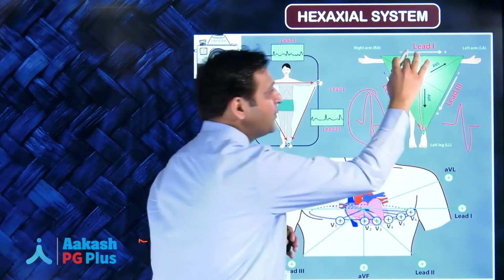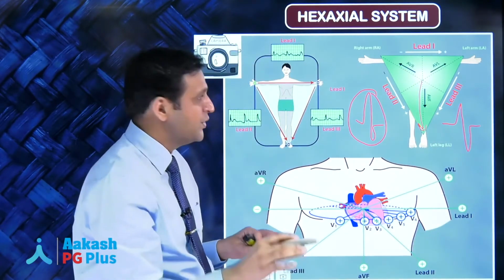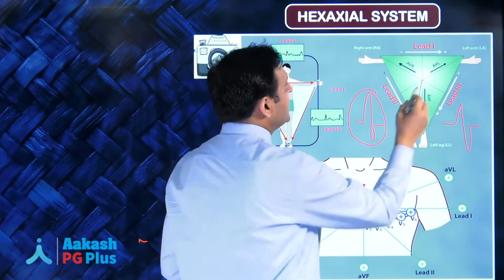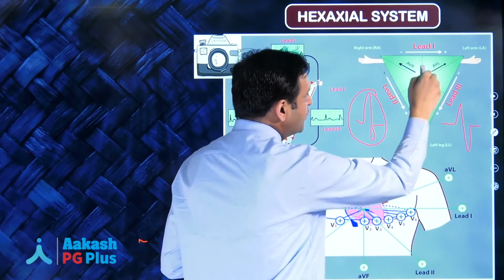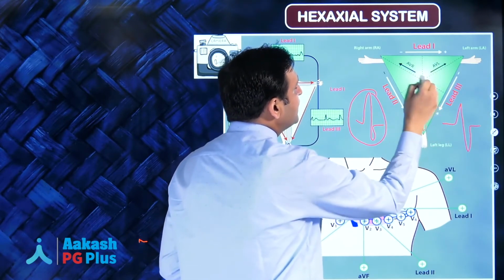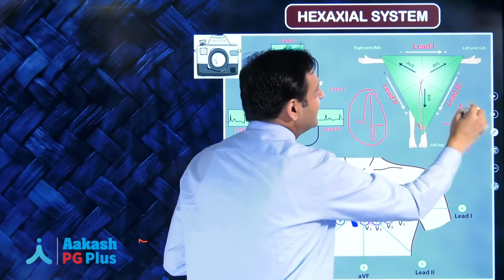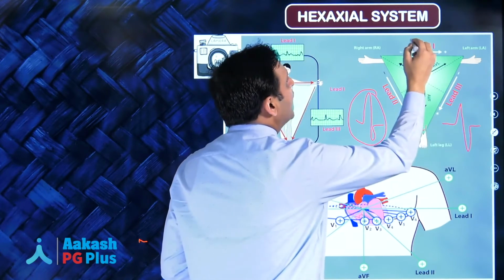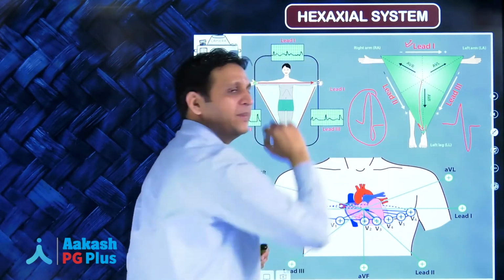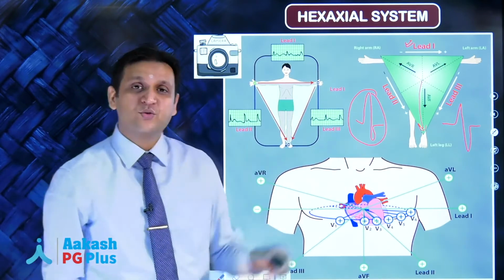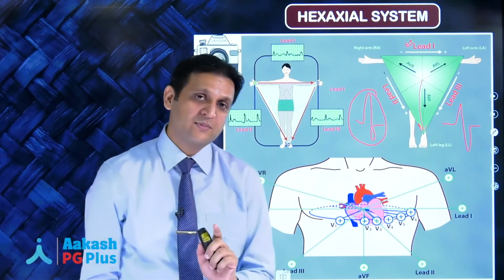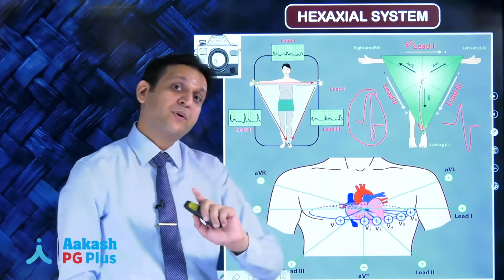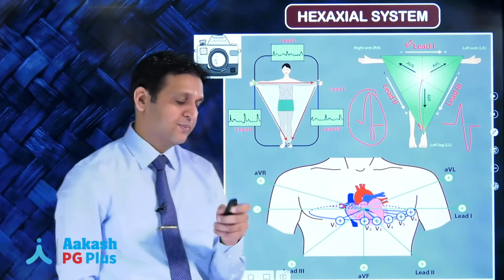So you have an equal positive and equal negative, which means that if a wave of depolarization is moving towards AVF, then it will produce a biphasic QRS complex in lead 1 because AVF is perpendicular to lead 1. Remember these 2 important concepts: moving along, maximum positive deflection, and perpendicular, biphasic deflection, right.